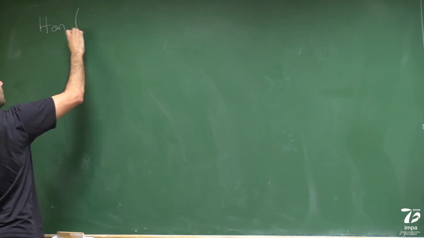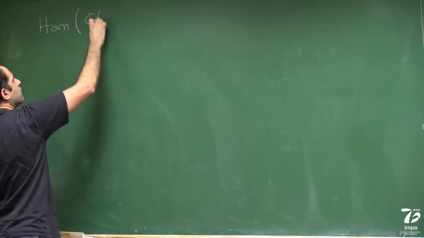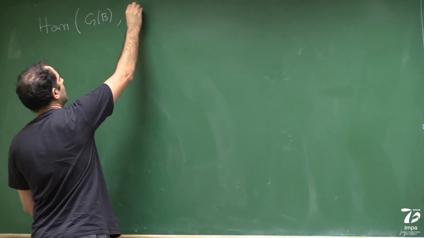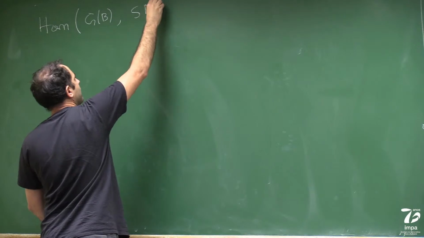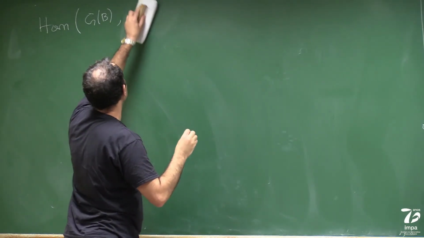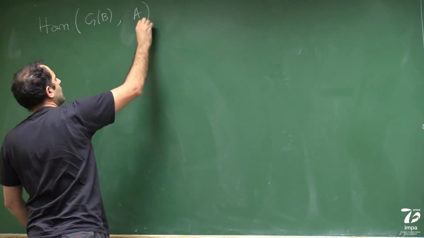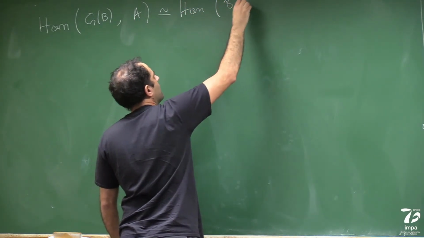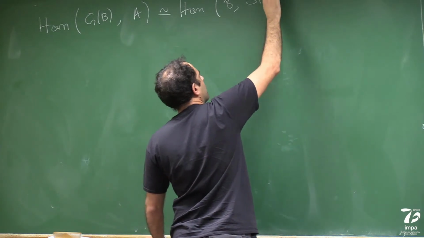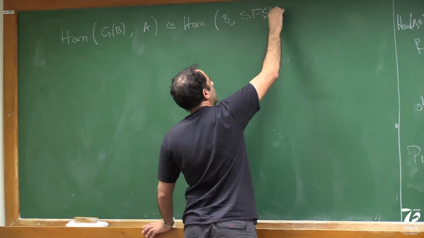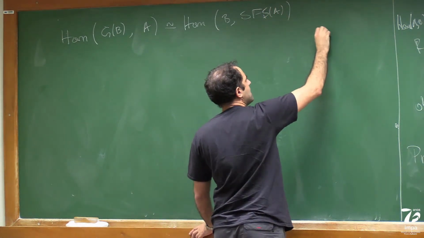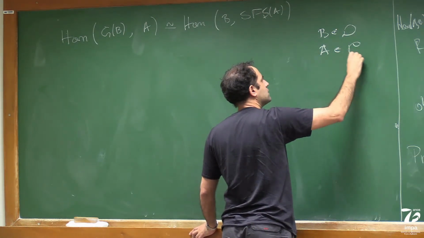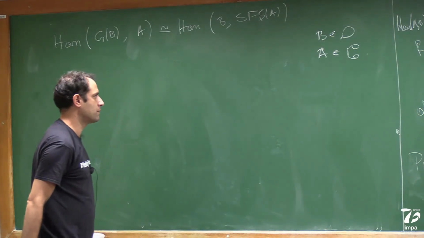So what I need to do is to prove that Hom from G of B into any A is isomorphic to Hom from B into S of F of S inverse of A. And this is for every B in D and A in C. I think today I've been consistent about where my objects were.